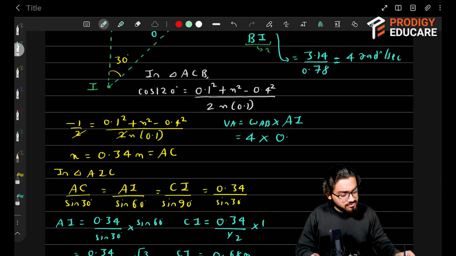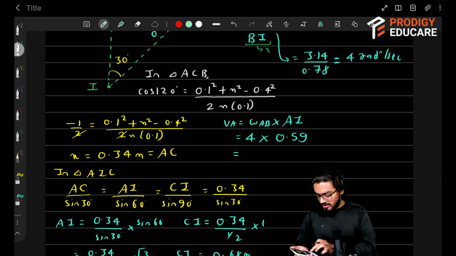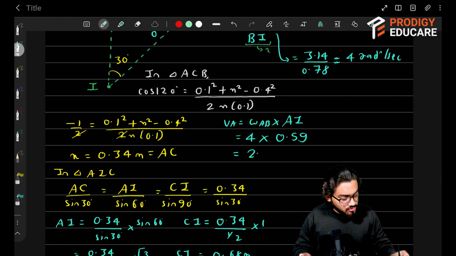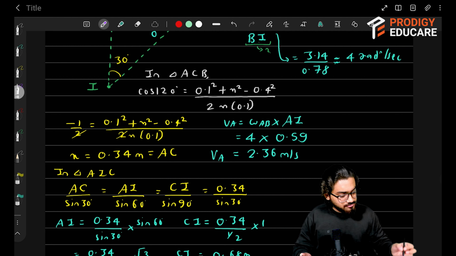Now what is 4 into 0.59? It is approximately 2.36 meters per second, which is the velocity of A. This is the final answer.